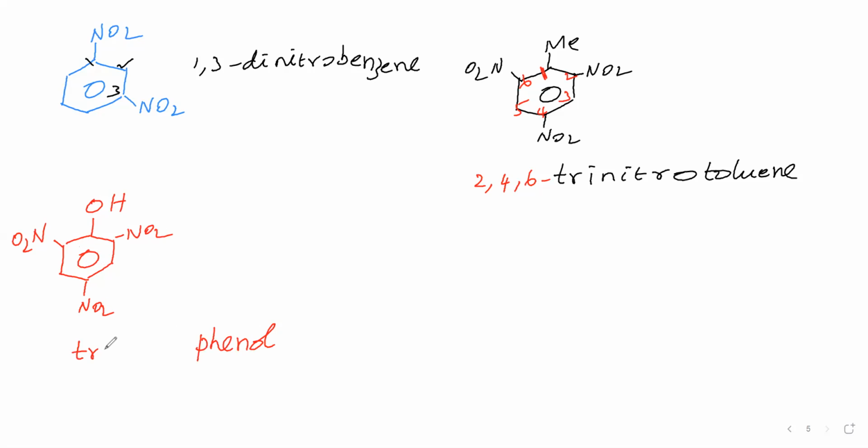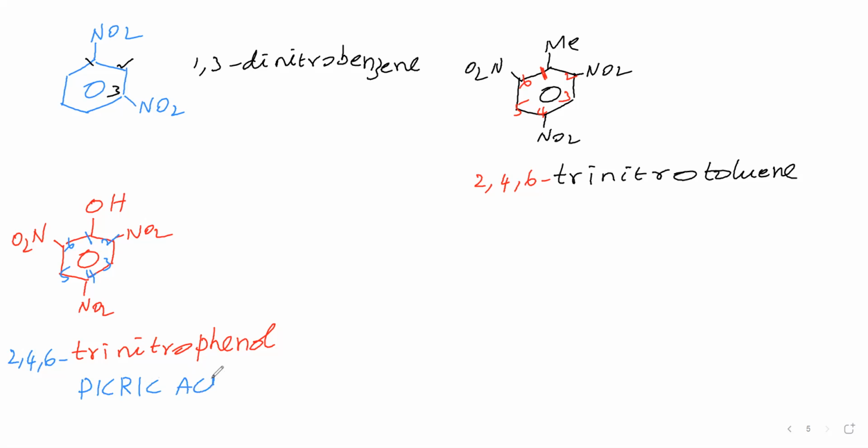Therefore, trinitro. Now we have to say the positions. The carbon of the phenyl to which the OH group is attached must be given number 1, then 2, 3, 4, 5, 6. So we can say 2,4,6 trinitrophenol. Another name for this is picric acid.